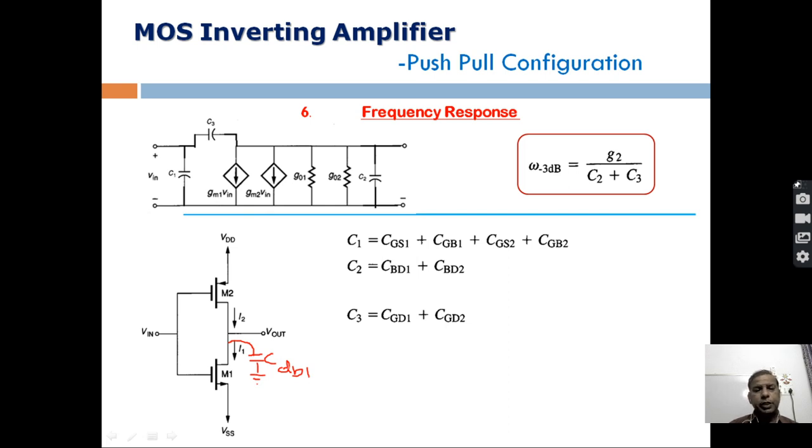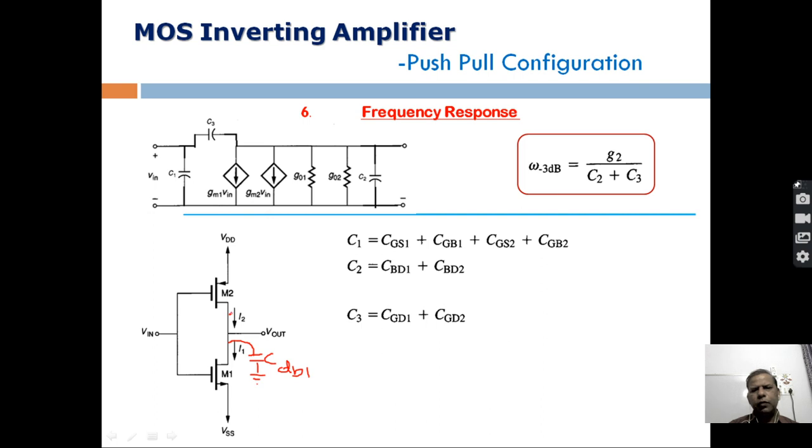And the drain bulk capacitance, you know, is a junction capacitance. So the drain of this NMOS is N type and the substrate is P type. So there we have this drain bulk capacitance, and this is a junction capacitance, and the value of this junction capacitance depends on the drain voltage, which in this case is the output voltage. The same thing is applicable to this M2 device, because here also the output is the drain of this device.